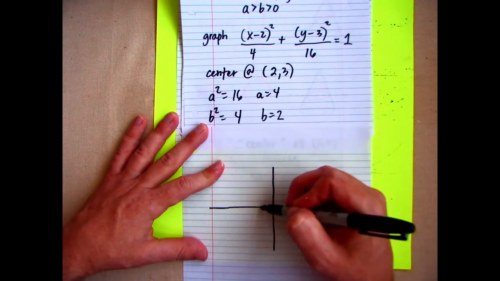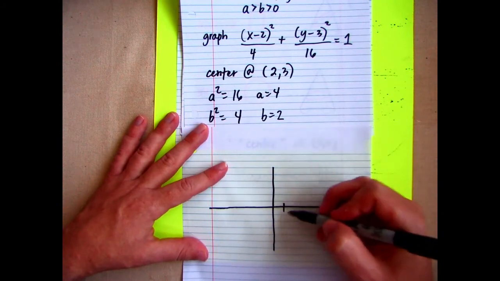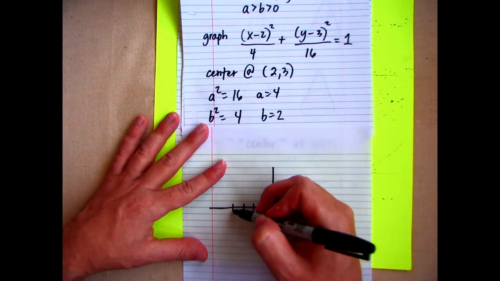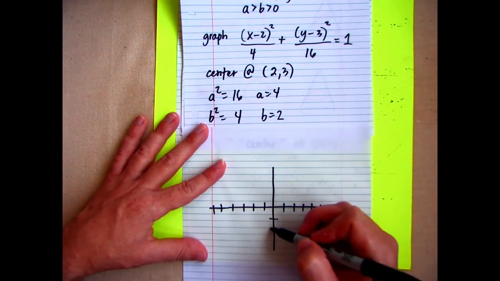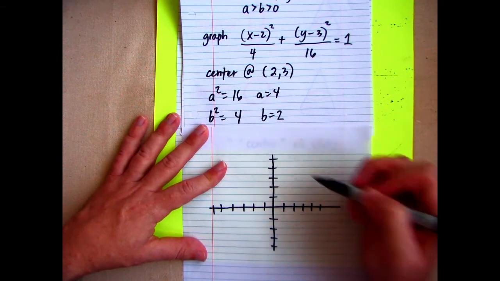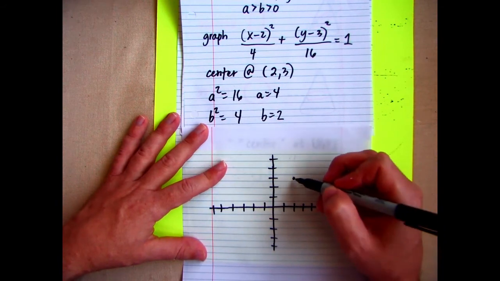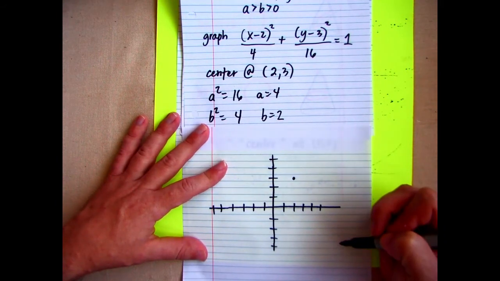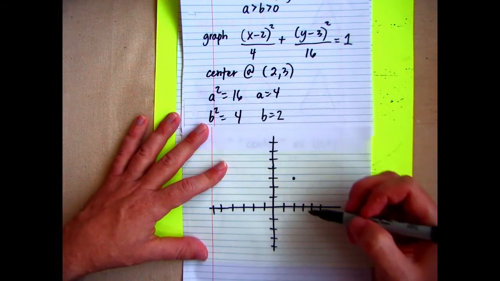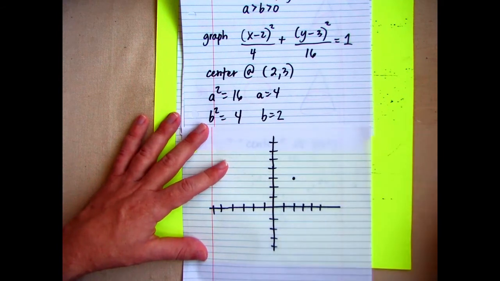So, like our circle, let's start with the center, and then we can apply our A and B values from there. So I'm going to start at 2, 3. A was under Y, so A is going to be a vertical distance.